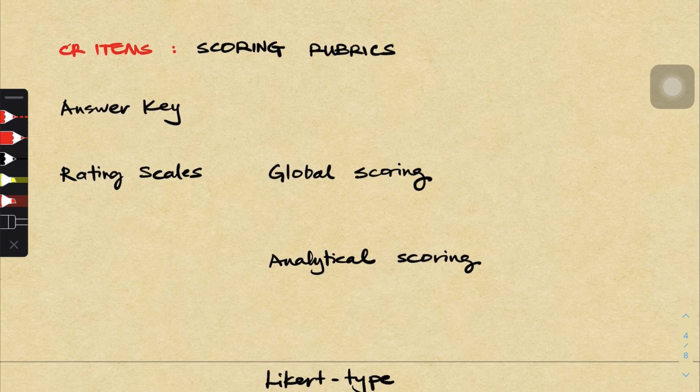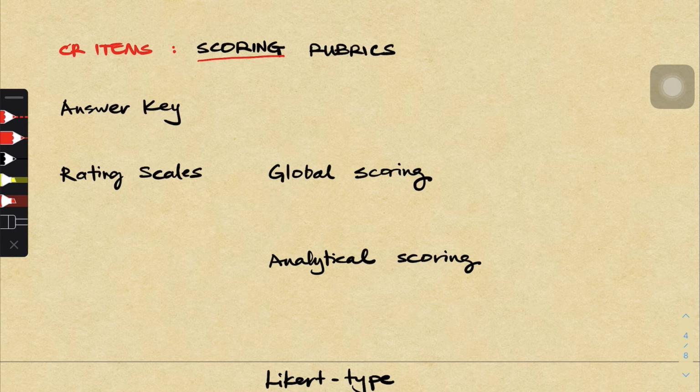The second discussion about constructed response items is regarding scoring rubrics. What do we mean by scoring rubrics? It is a guide for raters, for lecturers, to give marks for the questions.